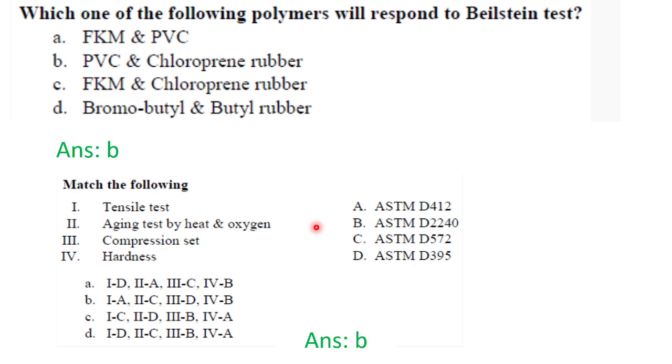A specific sheet we first need to prepare to cut the dumbbell shape. For that you must maintain that there is no formation of any bubbles, because when you are calendaring the sheet, if there is a bubble, it will ultimately deteriorate the mechanical property of the test sample.